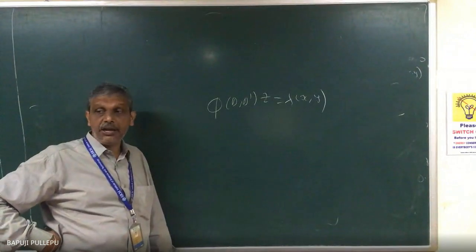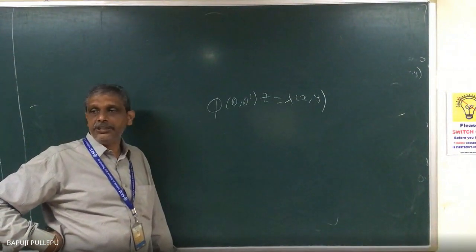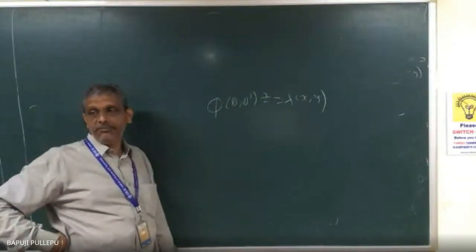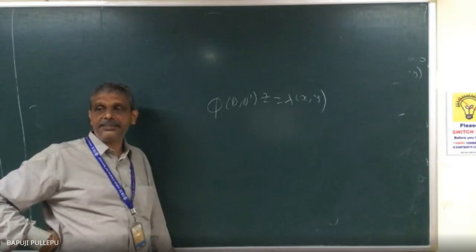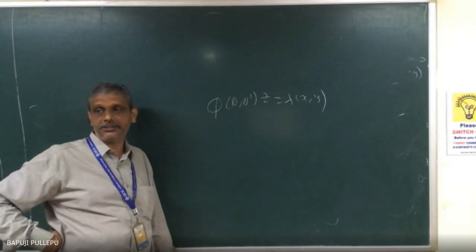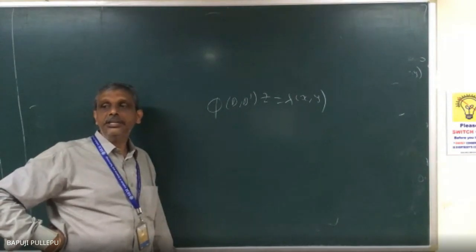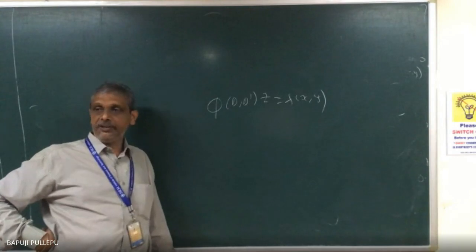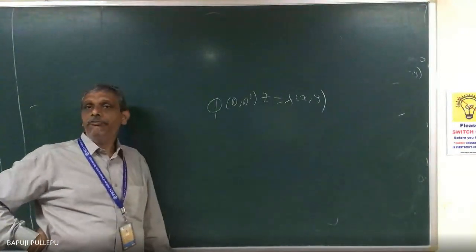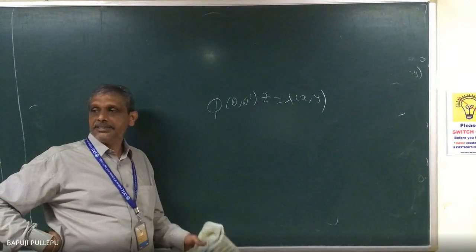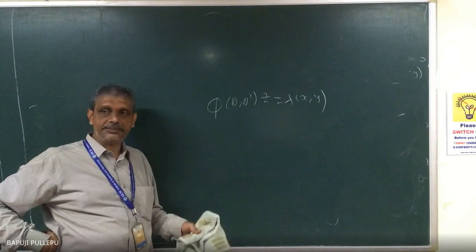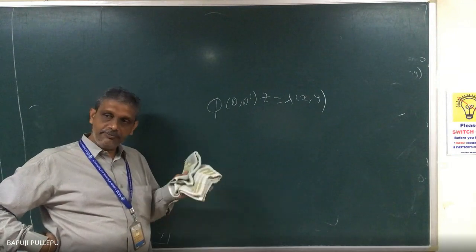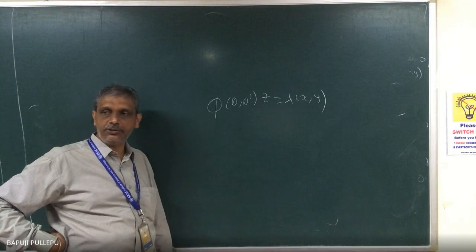If roots are repeated or non-repeated: suppose two m's are repeated, m1 = m2 = m, then you can write φ1(y + mx) + x φ2(y + mx). For three times repeated, it goes up to x², φ1 of this term plus x into the same term plus x² into the same term. For four times, φ1(y + m1x) + x φ2(y + mx) + x² φ3(y + m2x), then x³ into it. So you can go up like this.